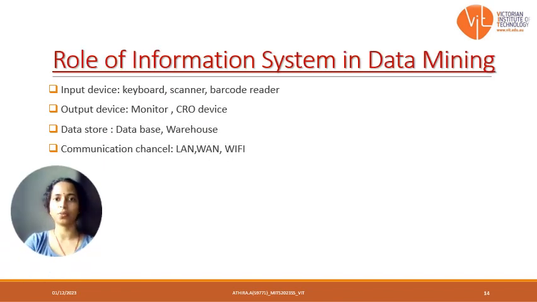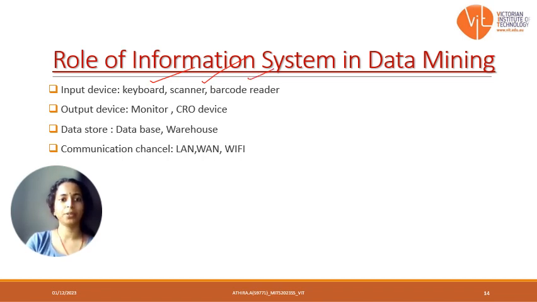Then, the role of information systems in data mining. We know that without an information system, data mining is impossible because it is a very hard process. Manually it is impossible, because mining the data and mining the knowledge is very hard. So we need information systems: input devices like keyboards, barcode readers and scanners to input the data.